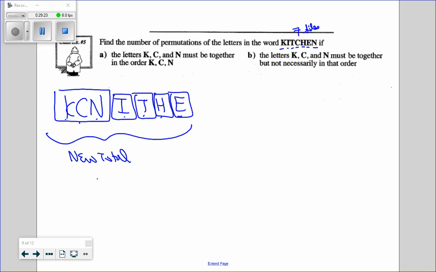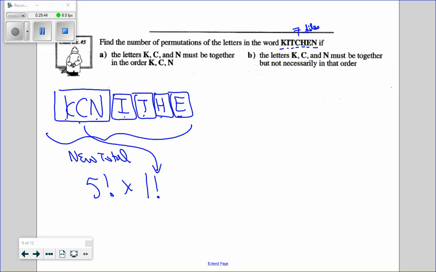So I'm going to go 5 factorial times by. Now, am I allowed to rearrange those items that I stuck together? No. So I'm going to times it by 1 factorial because there's only one way I'm allowed to have that, and that is a K, a C, and then the N.